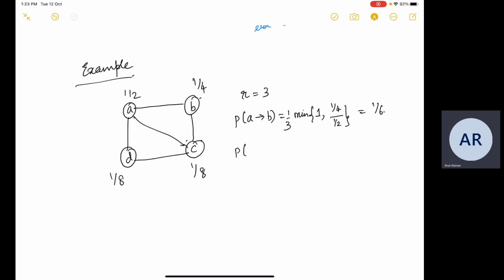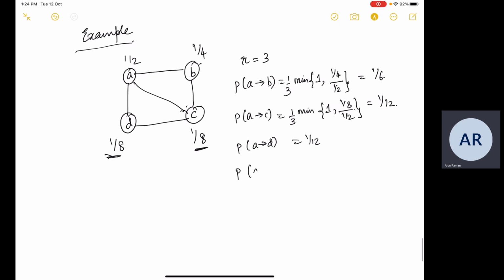Similarly, the probability of going from A to C will be 1 by 3 min of 1 comma 1 by 8 over 1 by 2, so this will be 1 by 12. The probability of going from A to D will also be 1 by 12 because the stationary probabilities are the same. Then the probability of self looping A to A will be 1 minus 1 by 6 minus 1 by 12 minus 1 by 12, which is equal to 2 by 3.